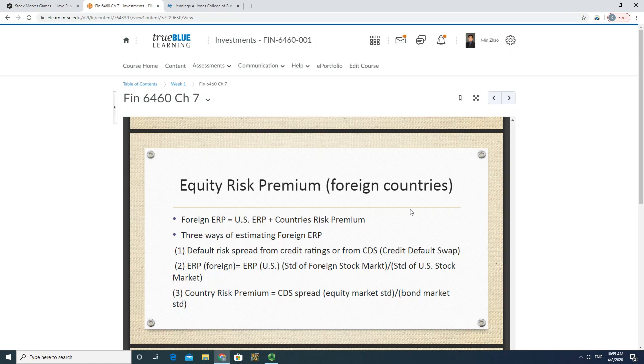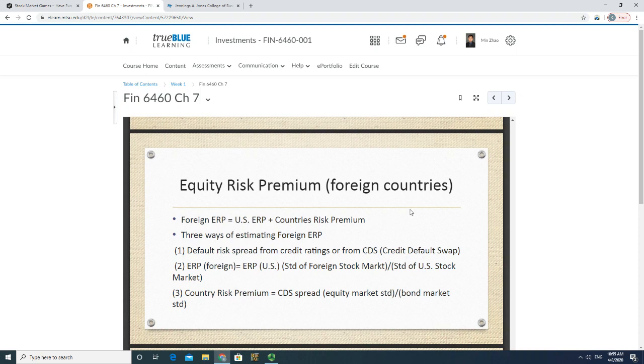And the second method is to look at the relative standard deviation of the foreign stock market and the U.S. stock market. And the ERP of a foreign country equals the ERP in the U.S. times the relative standard deviation of the foreign stock market and U.S. stock market.